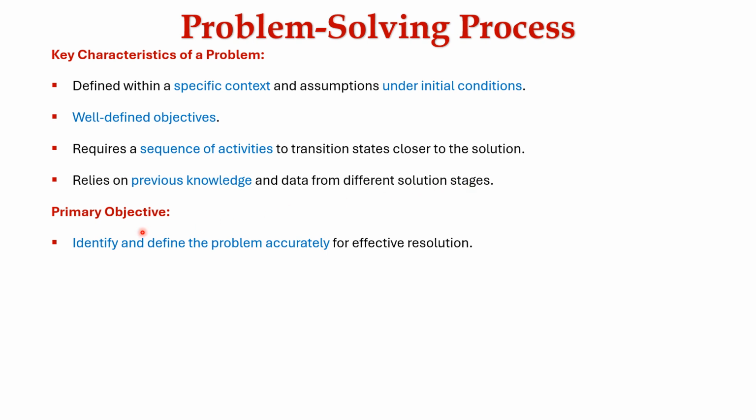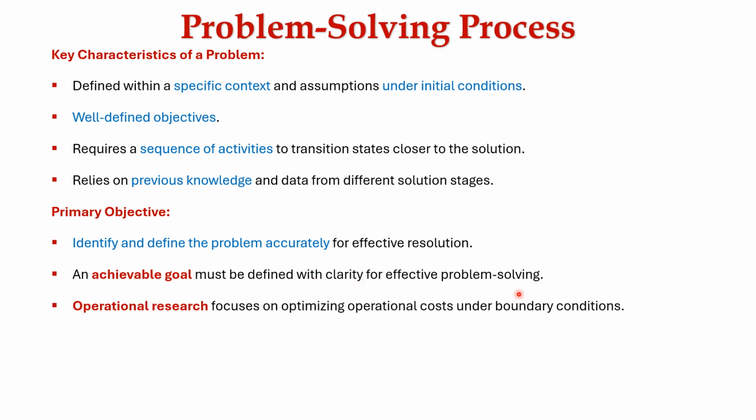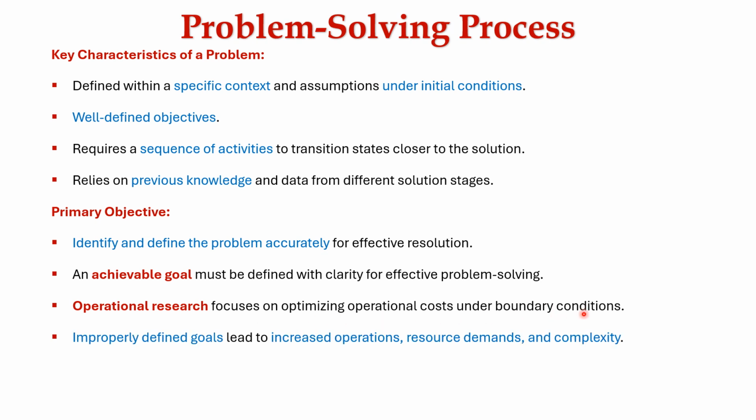The primary objective of the problem solving process is to identify and define the problem accurately for an effective solution. An achievable goal must be defined with clarity for effective problem solutions. Operational research focuses on optimizing operational cost under boundary conditions.